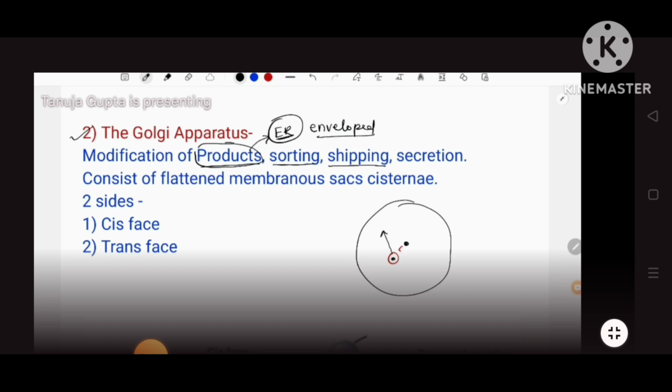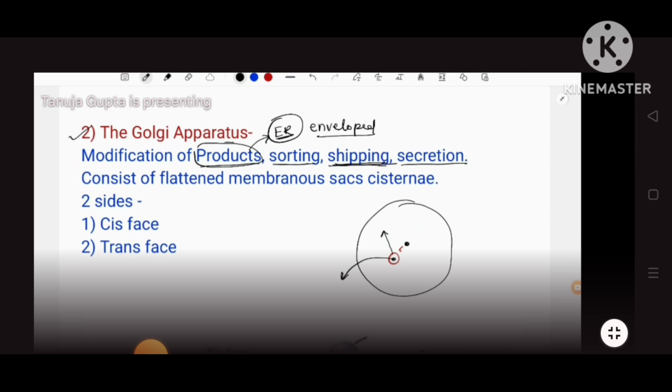It should be sent inside the cell only, or outside the cell, to do its function. Then it is shipped as per its target, and further secretion is done. That product is secreted at that location wherever it is required, right?